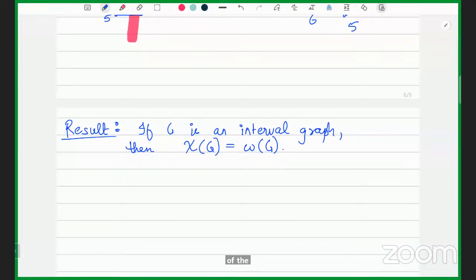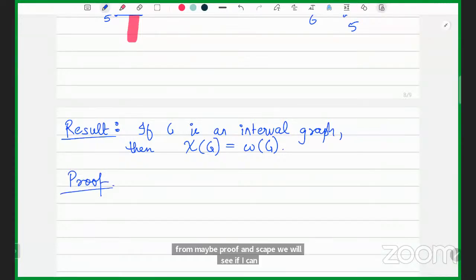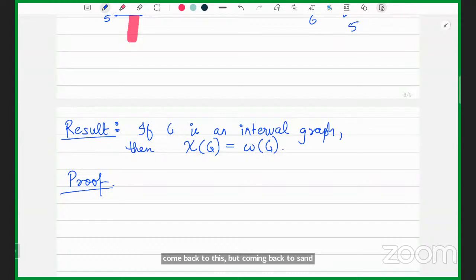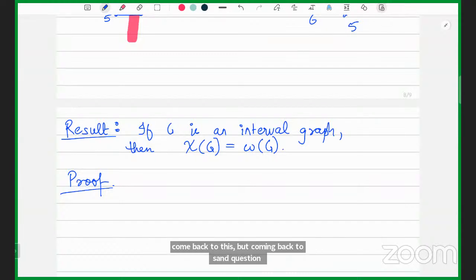Maybe I'll skip the proof. We'll see if I can come back to this. But coming back to Sachidanand's question, remember in the beginning, I said that chi(G) is at least 1 plus the max degree of the graph, and that equality holds if G is equal to Kn, the complete graph.